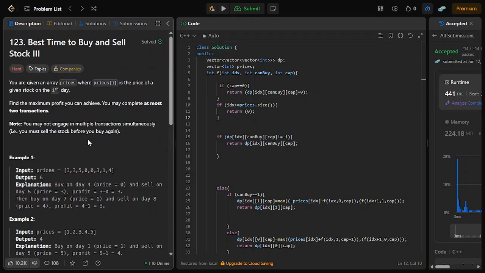First off, if the number of transactions were infinite, which is the content of Best Time to Buy and Sell Stock 2, then you would obviously use a greedy approach.